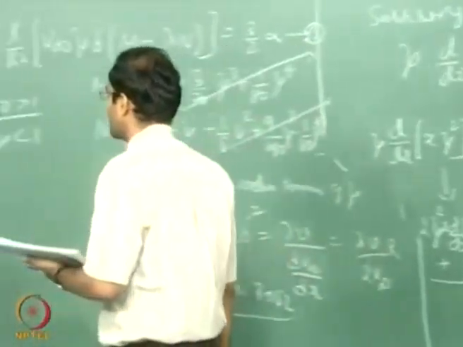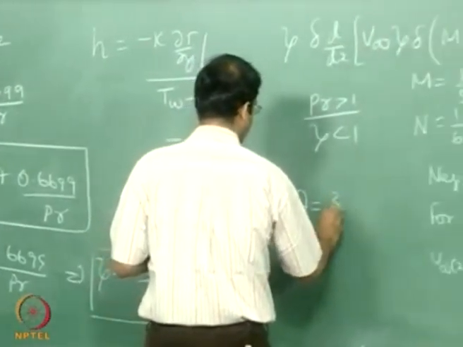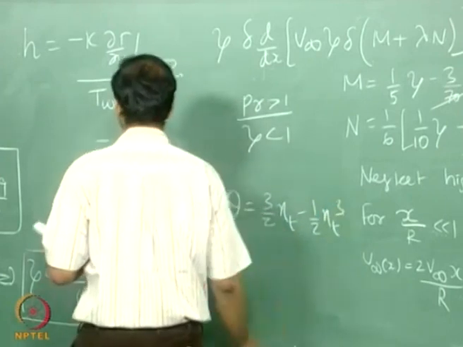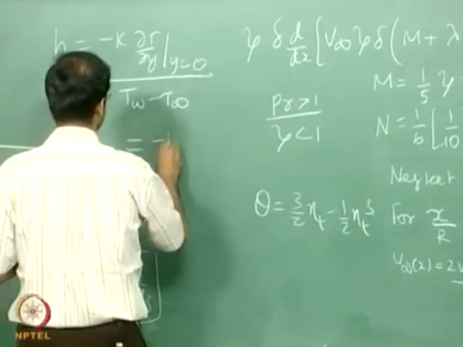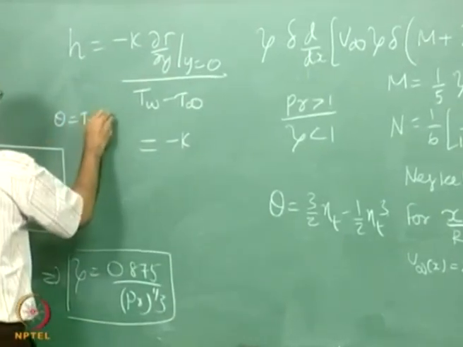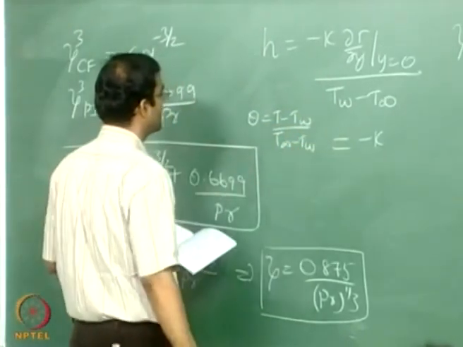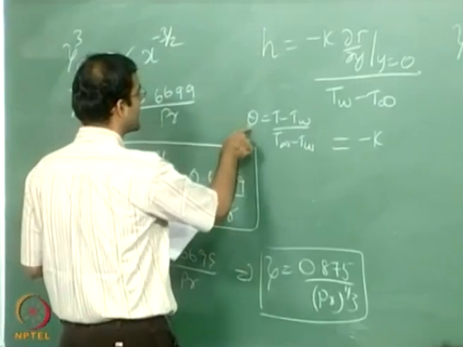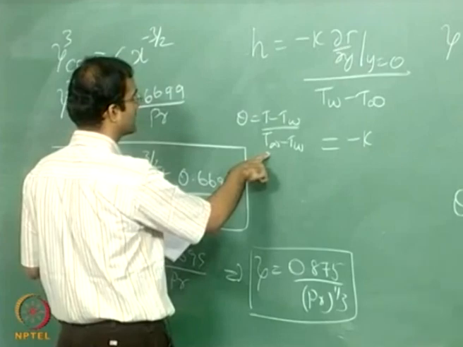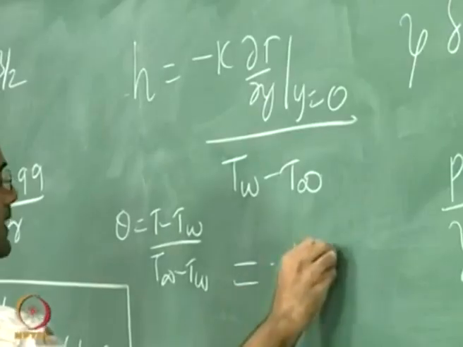I know my temperature profile for theta, which is 3 by 2 eta t minus 1 by 2 eta t cube. So this can be written as minus k. In terms of theta, this is defined as T minus T wall by T infinity minus T wall. So dT by dy will be d theta by dy into T infinity minus T wall, and minus of that will give T wall minus T infinity, so this will be k into d theta by dy.